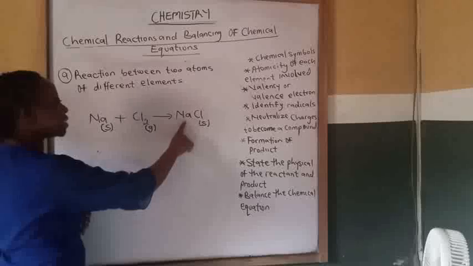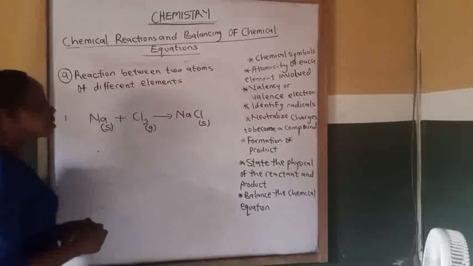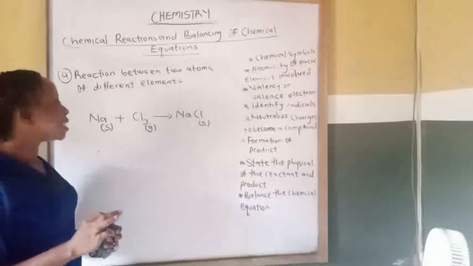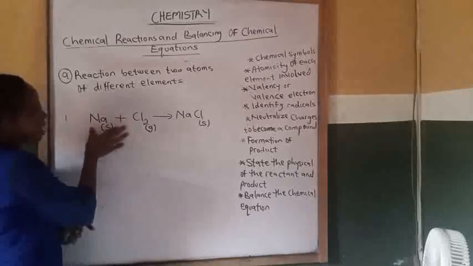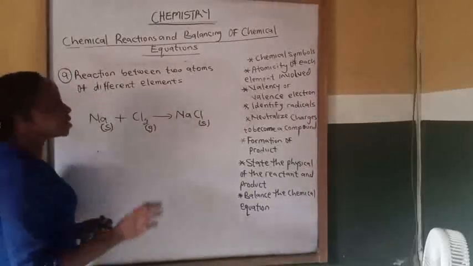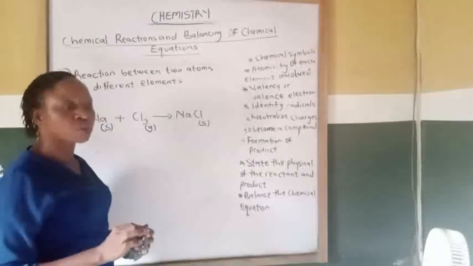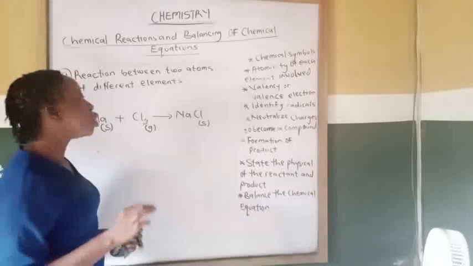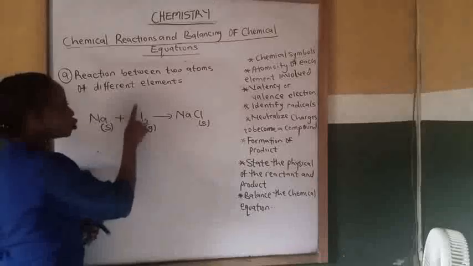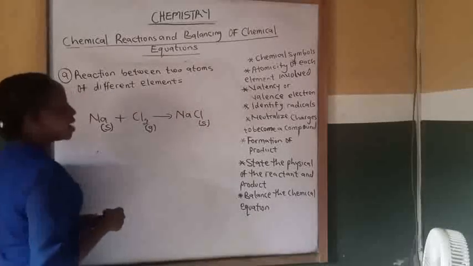First, identify a compound or an element with the highest number of atoms. Let's say this is a particle, this is a particle, this is another particle. This one is one atom, this is two atoms, and this one has two atoms of different elements.